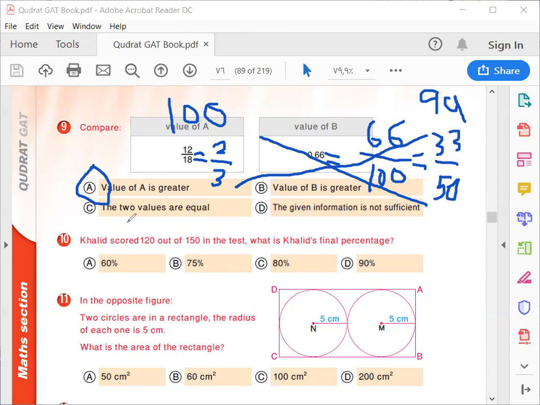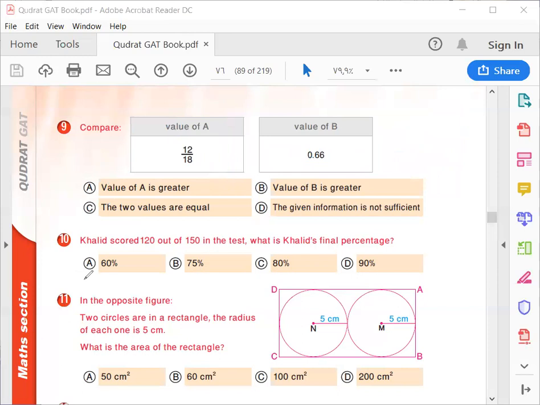Right, good. So we can solve the 10 questions. Now number 10. Khalid recorded 120 out of 150 in test.